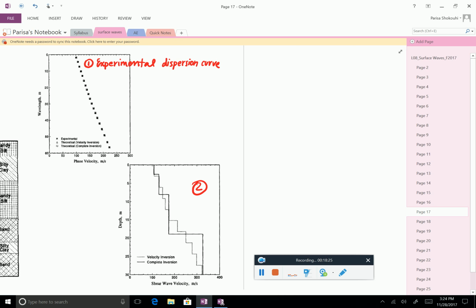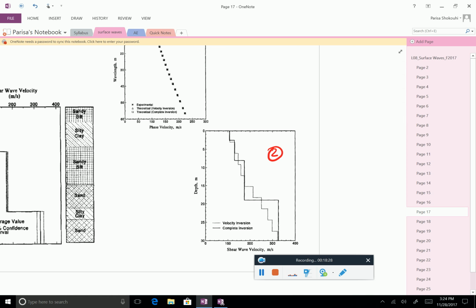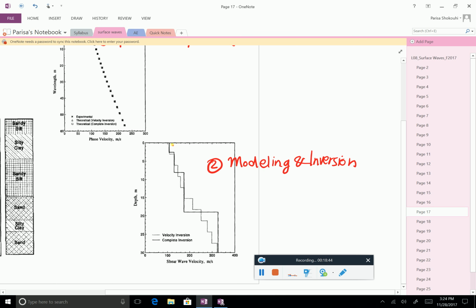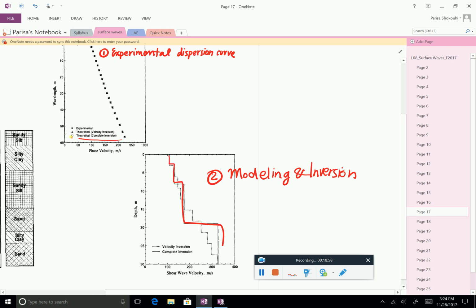So you make a model, and then you compare it. So this would be modeling and inversion. When I say velocity profile, it means velocity with depth. You assume a certain velocity profile, you feed it into a forward modeling program, whatever you have, you get a theoretical dispersion curve.